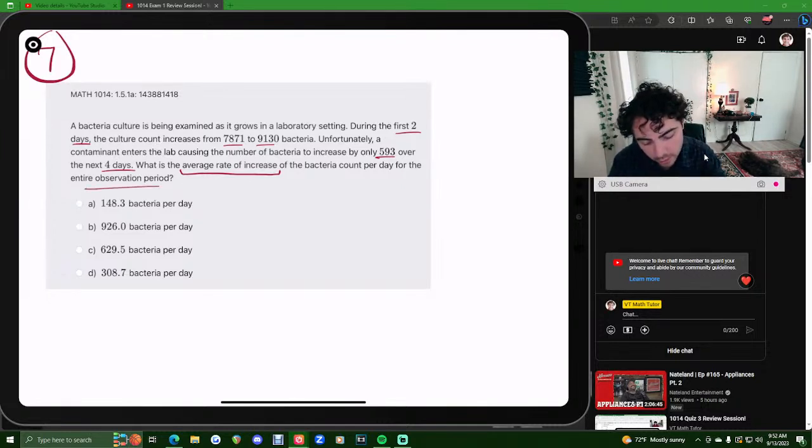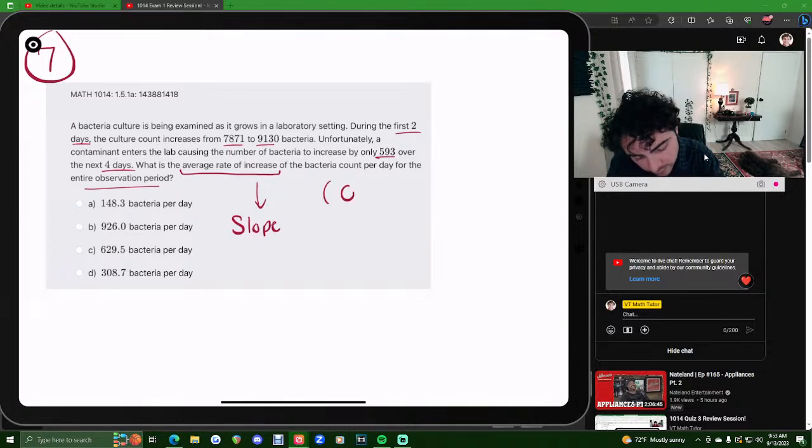I'll go ahead and say that average rate of increase or average rate of change is just a fancy phrase for the slope. Whenever you see average rate of change, that just means slope. So if they're asking for the average rate of increase, we need to find the slope between what 2 points? Well, let's find out. They want to know what the slope is over the entire observation period.